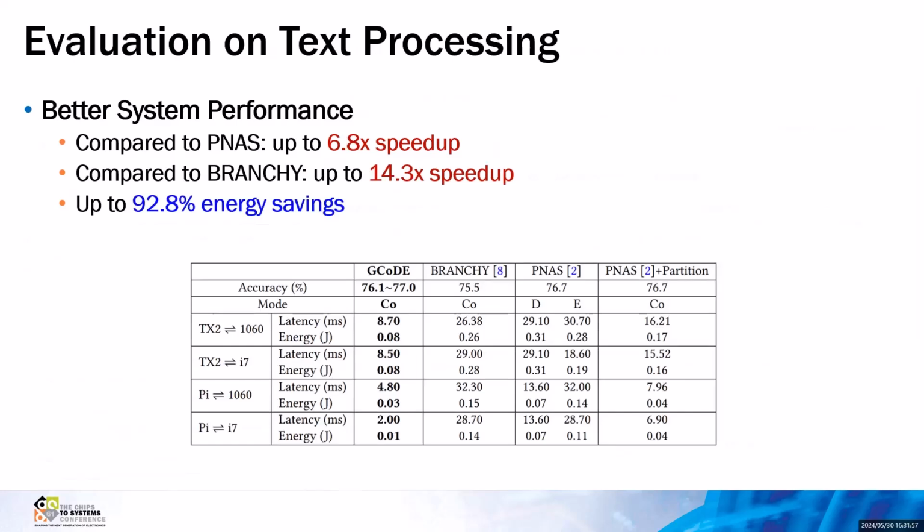Additionally, GCoDE also demonstrated better system performance in text processing applications. Compared to PNAS, it achieved about 6 times speedup, and compared to Branchy-GNN, it achieved about 14 times speedup, while also significantly reducing energy consumption.